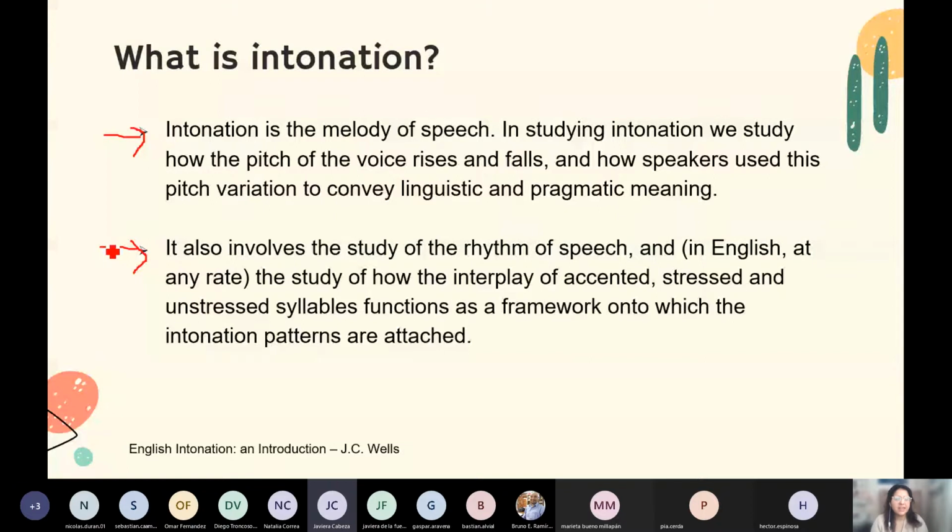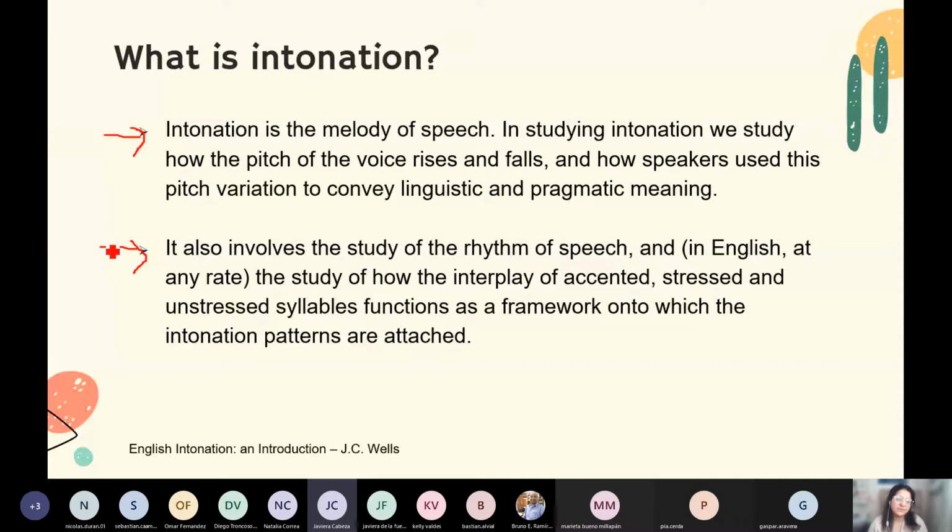Thank you very much. So we talk about stressed and unstressed syllables, accented syllables, and the intonation patterns that are attached. I know this may sound a little bit difficult, but trust me, once you take your time to understand these concepts in more depth, you're going to understand this much better than just from reading these definitions, which are not always easy to understand.